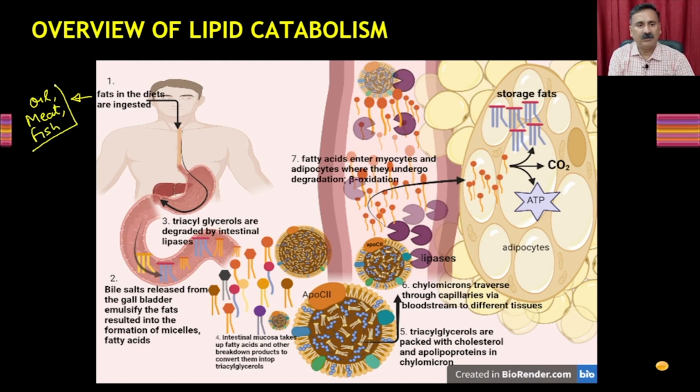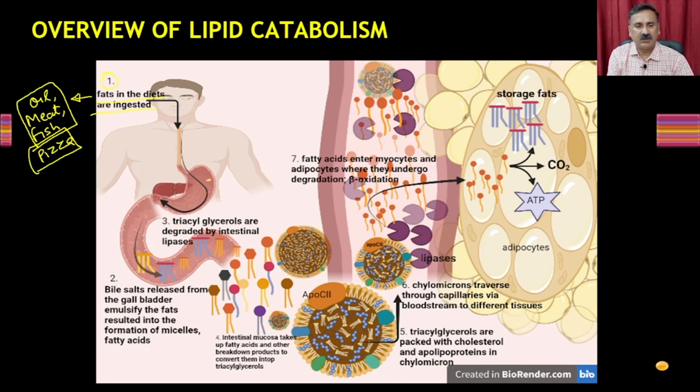When you take these lipid-rich molecules, they are ingested into the system, and many enzymes are involved. The first step is that the fats are ingested in the diet, and then they enter the stomach.